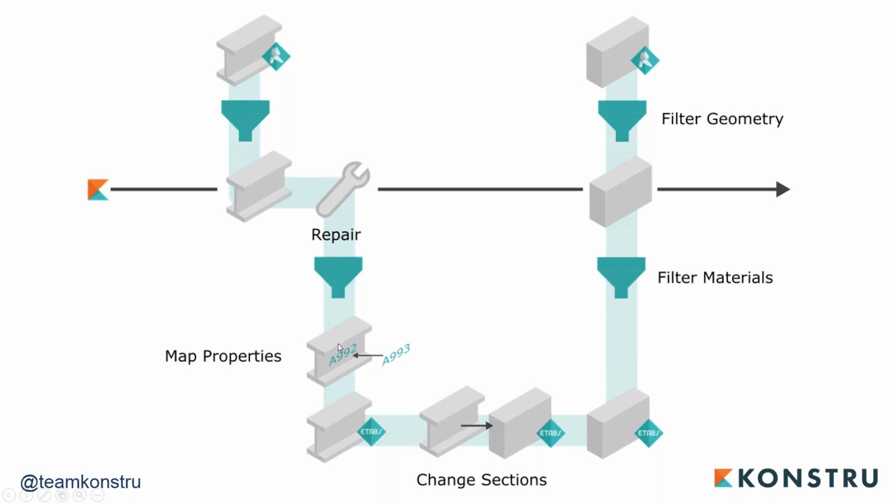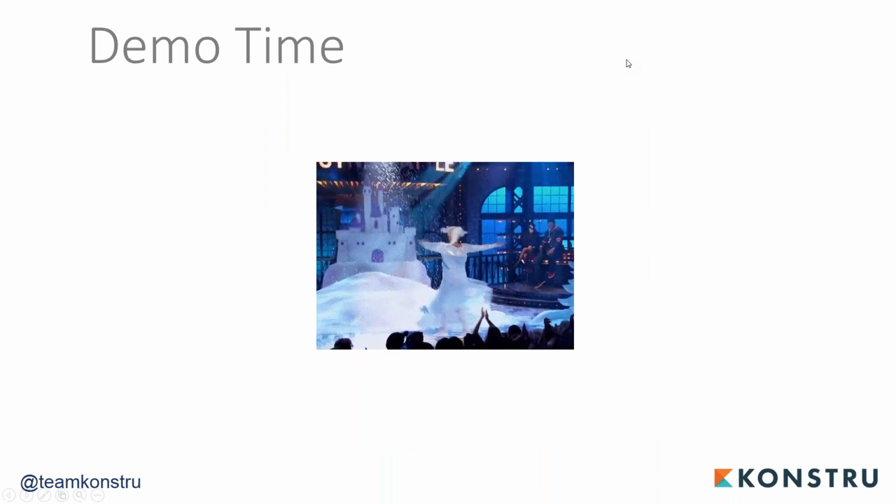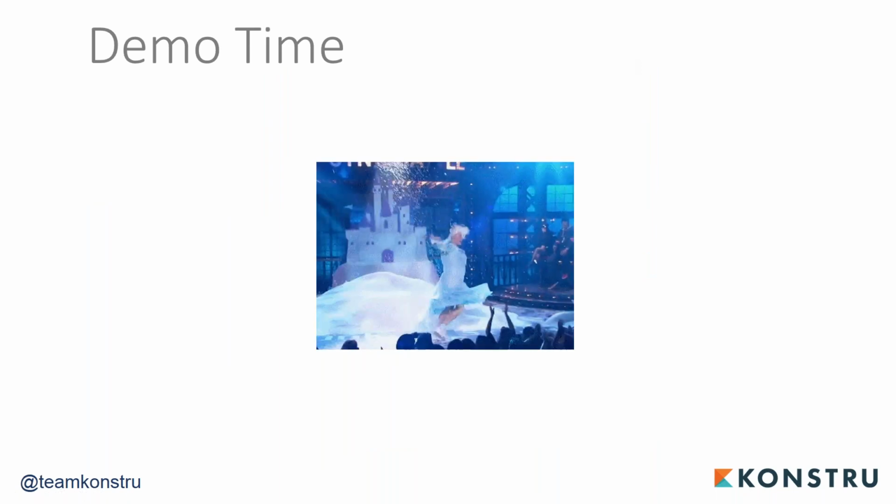Then we're going to bring that into Etabs and map information from the Konstru model into the Etabs model. Then we'll make some updates, and then we'll bring select information back into Konstru and back into Revit. Okay, time for the demo.